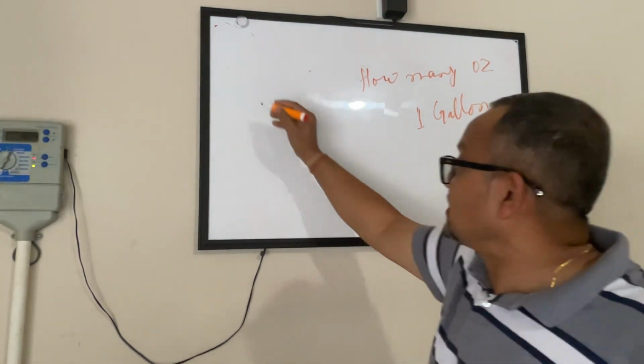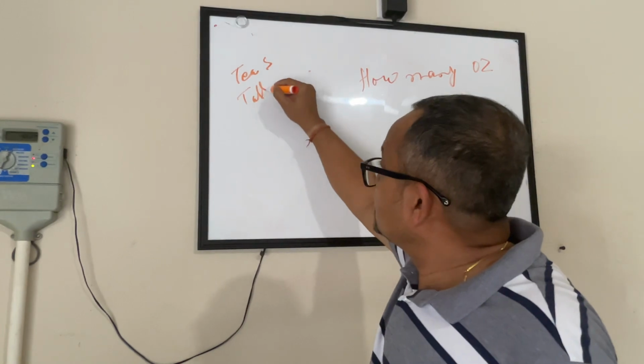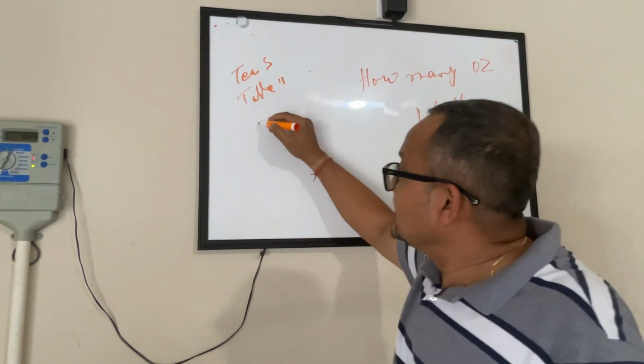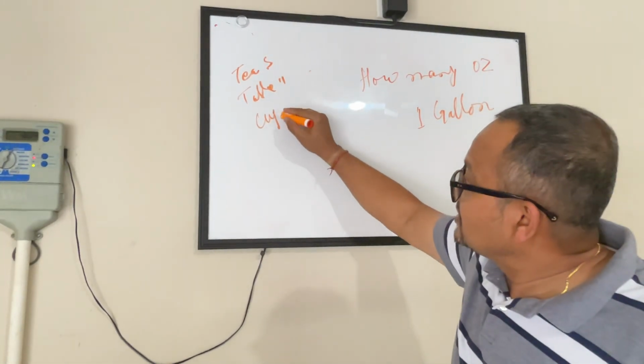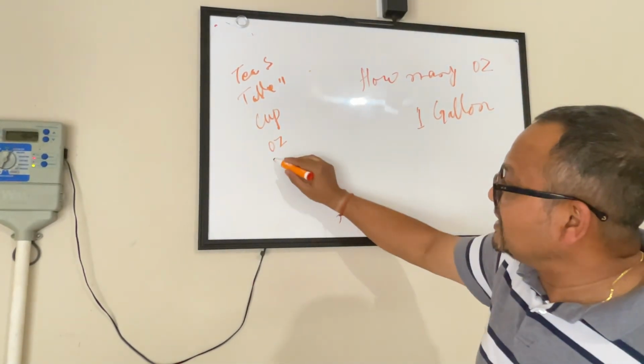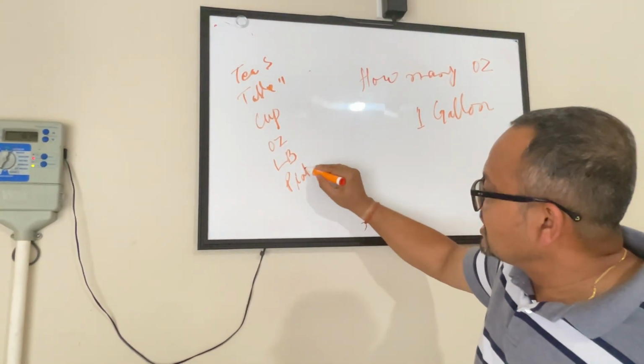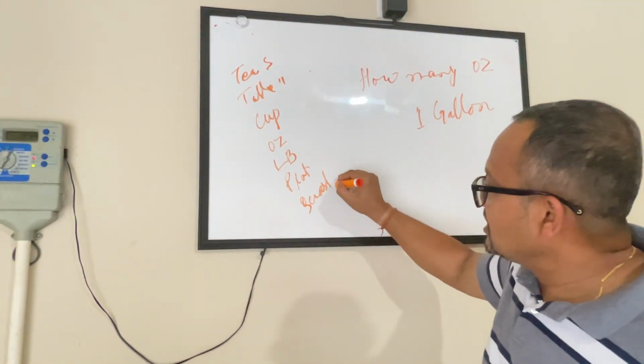What will I do? First thing, teaspoon, tablespoon, then cup, then ounce, then pound, then pint, then quart, then gallon.